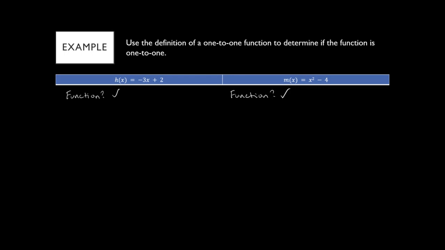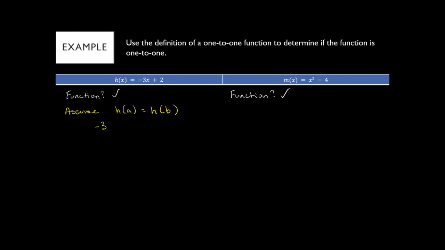So we're going to assume f of a equals f of b. In this case, f is going to be h for our first example, because that's the name of the function. So we assume h of a is equal to h of b. Then, instead of writing h of a, I'm going to write what h is equal to, with a as the variable.